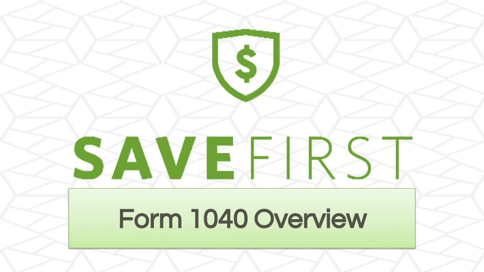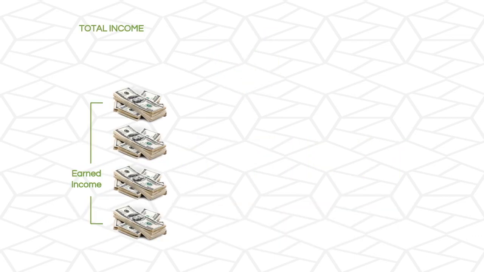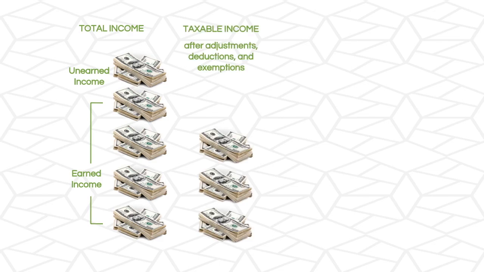So let's start off with a revisit to our Form 1040 overview. We start out with earned income plus unearned income, which gets us our total income. And from there, we make adjustments, take deductions, and subtract exemptions, and that leaves us with our taxable income.